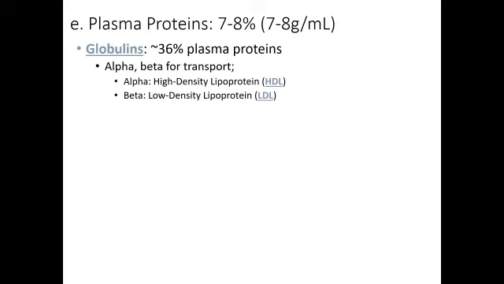And so in order to transport these really energy-rich, albeit hydrophobic molecules throughout the blood, so that this energy source can be delivered to the tissues that need it, we actually have to package them up into these nice spheres, which are largely protein in nature, and they are the alpha and beta globulins.